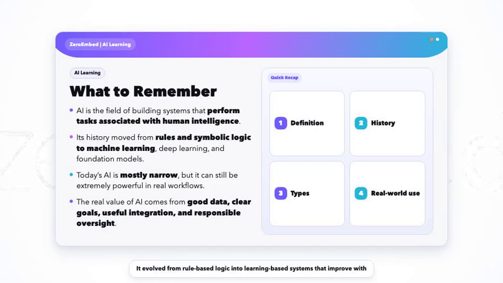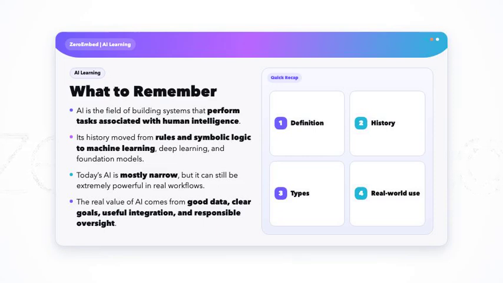It evolved from rule-based logic into learning-based systems that improve with data and scale. Most AI in the real world today is still narrow, but it is already powerful enough to transform workflows, software, marketing, customer operations, and content creation. And the organizations that benefit most are the ones that combine AI capability with structure, measurement, and human judgment.